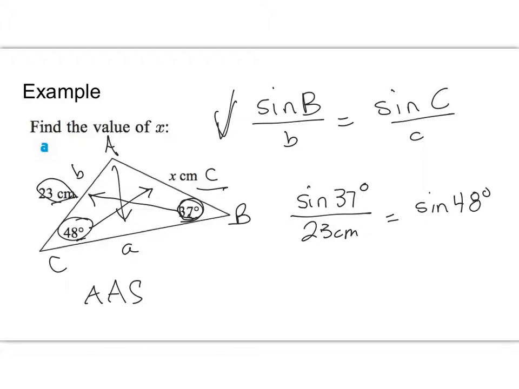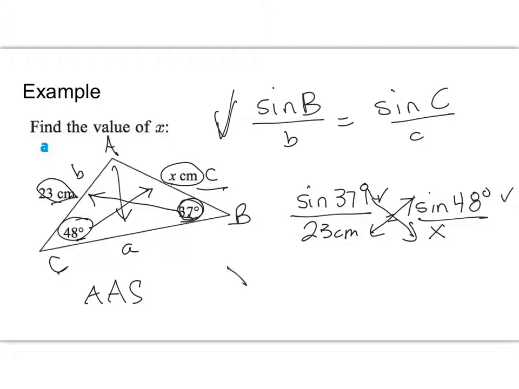Because that's angle C over C, which in our case C is x, and that's what we're solving for. Here I have a complete ratio. I have a ratio and then I have another ratio, and they're equal to each other. And if you remember from geometry, when you have a ratio, you can cross multiply.